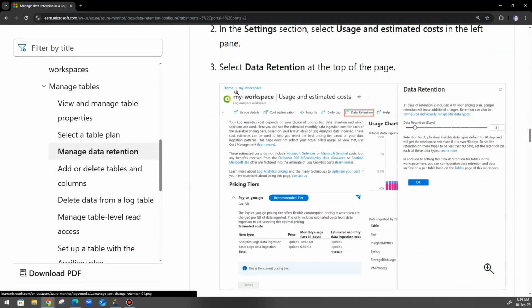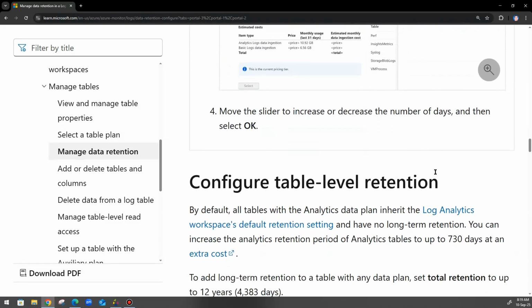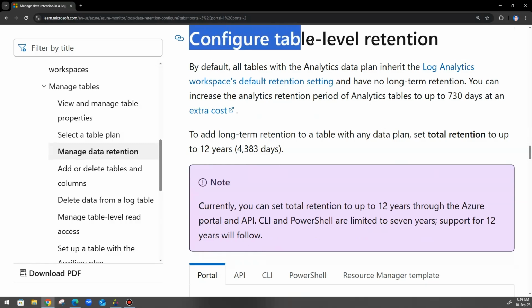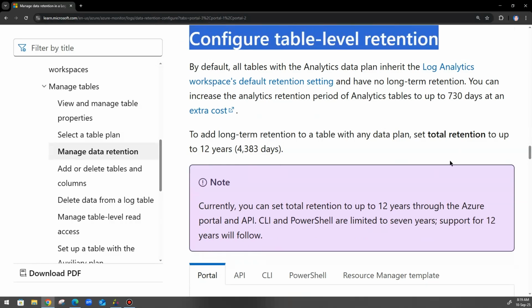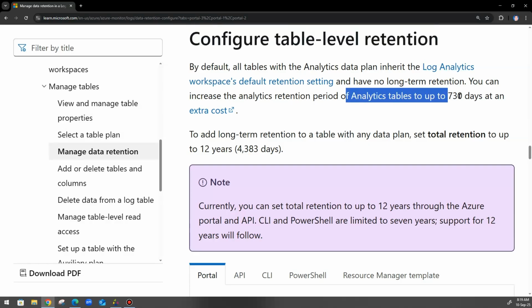So in the Azure portal, in your Log Analytics workspace, you can scroll it and make it maximum. And we can also configure table-level retention as well. That can be extended up to 730 days, but it will have additional cost.